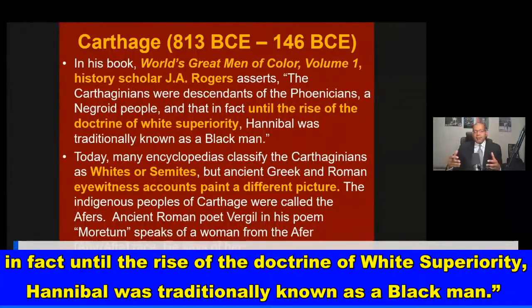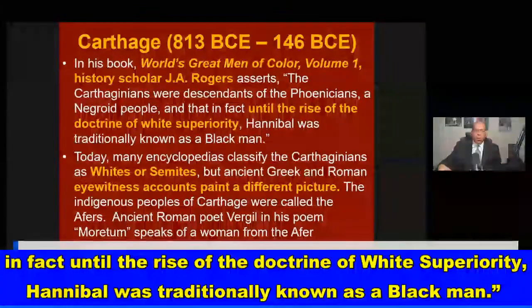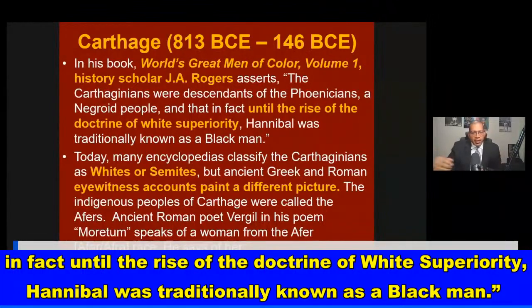Now, today many encyclopedias classify the Carthaginians as whites or Semites, but ancient Greek and Roman eyewitness accounts paint a different picture. The indigenous peoples of Carthage were called the Afers, A-F-E-R-S.